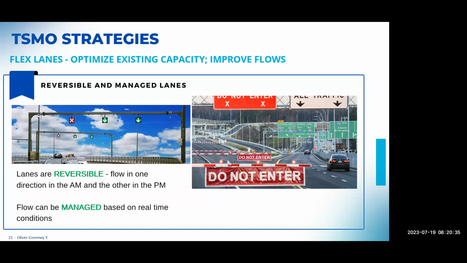It's only effective in an area that has a very clear directional peak hour. So for a fact in the morning, most people are going in this direction. But if your peaks are such that traffic is bad regardless, then the reversible lane doesn't necessarily help to control your congestion. Sometimes they are called managed lanes because they would be linked to real-time conditions.